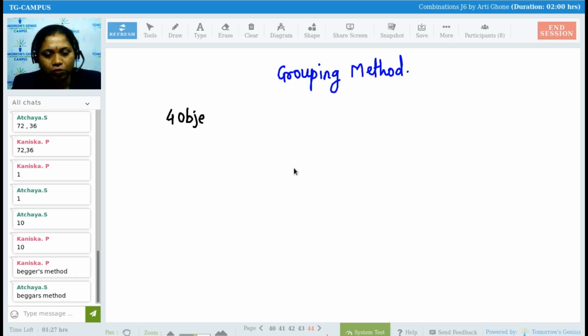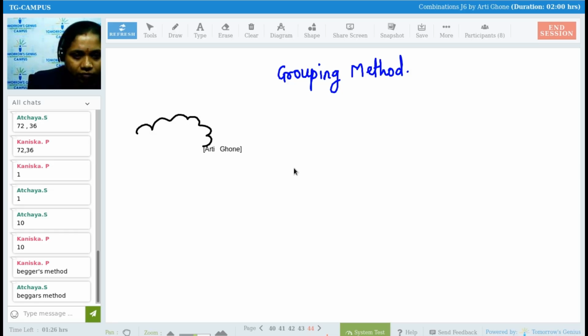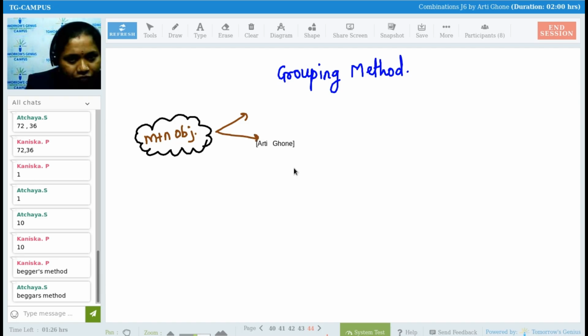Just write down the formulas quickly. First one. This is not a part of the formula, this is a design. M plus n objects are divided into two different groups, m and n. Group sizes m and n.